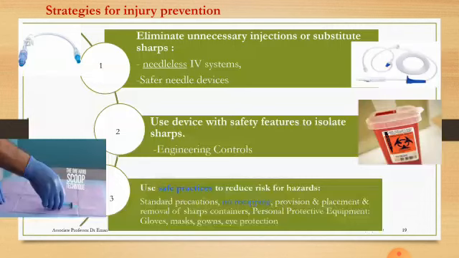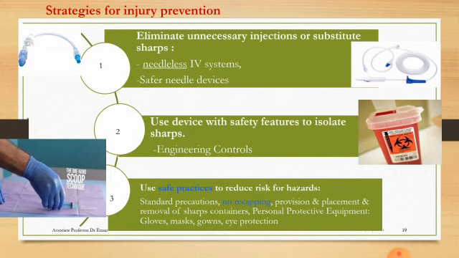So we can summarize the infection control by the following. First, this is the hierarchy of the prevention of injury or exposure to certain bloodborne pathogens.